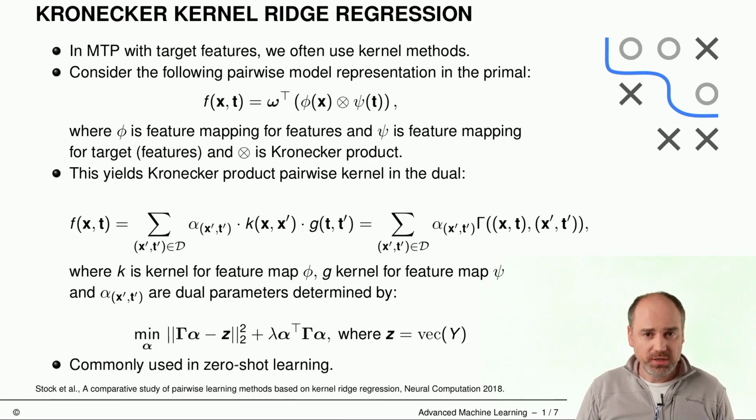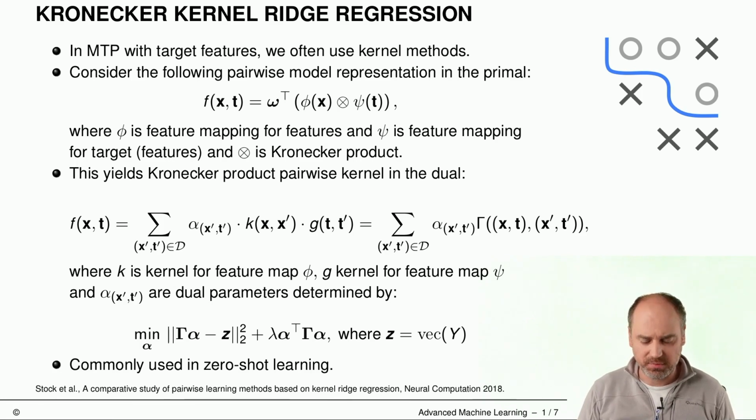And for these types of ML models, we usually apply kernels in the feature space. So we say something like, hey, if the similarity of a feature vector x and a feature vector x dash, as measured by our kernel, is high, then probably the output of these two should be somehow similar. So here we could now look at a pairwise model representation of our multi-target problems.